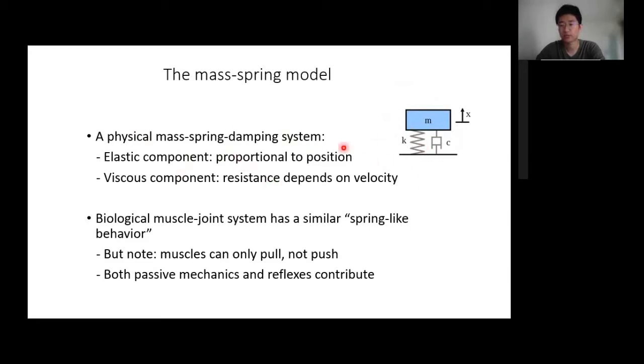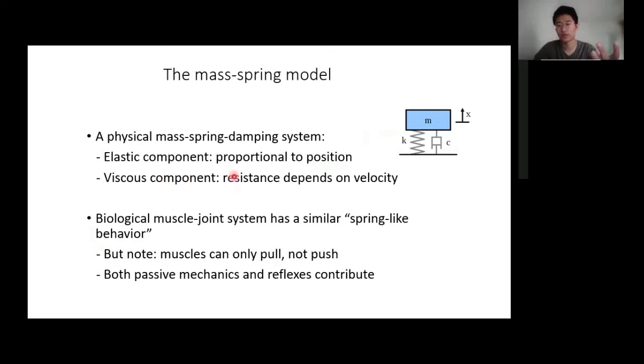The elastic component, the spring, generates a resistant force to act against the displacement. For the spring, we usually need to define the zero length or resting length. This zero length means the natural length of the spring when there is no external force acting on it.